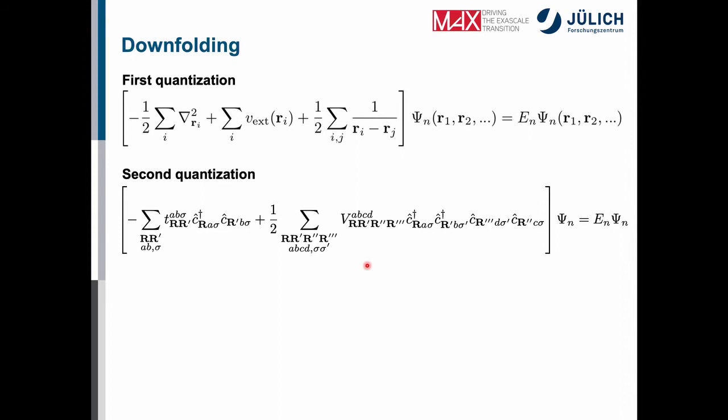In the first line, we have a number of very different operators: kinetic operator, single particle potential operator, and the two-particle Coulomb operator. In second quantization, on the other hand, we only have two different operators: an annihilation operator, C, and a creation operator, C dagger.